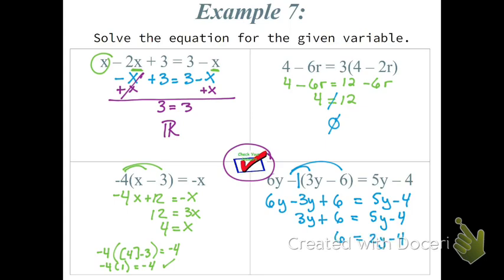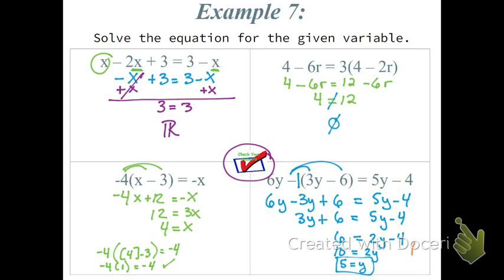So I did the subtraction property of equality, additive inverse, and additive identity to get to here. Now I'm going to add 4 to both sides. Okay. Addition property of equality, additive inverse, and additive identity to get to here. Divide both sides by 2. So that is division property of equality, multiplicative inverse, and multiplicative identity to get to this point.